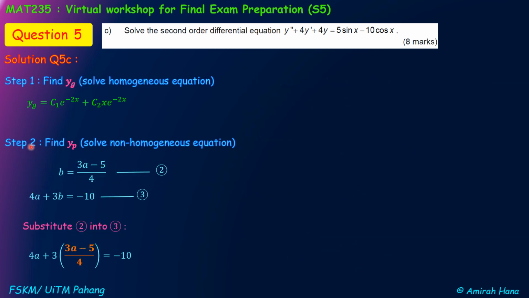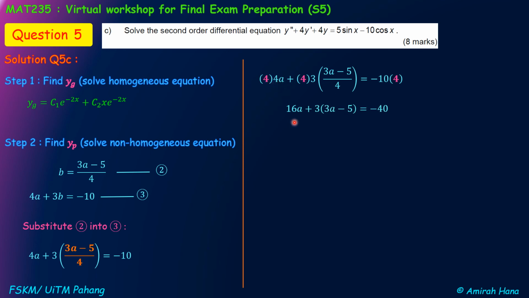From the previous slide, under step 2, we get this. So from here, to eliminate denominator 4, we multiply each term by 4. So we have 4 times 4A plus 4 times this term equals negative 10 times 4. We simplify the 4 here and the 4 in the denominator.